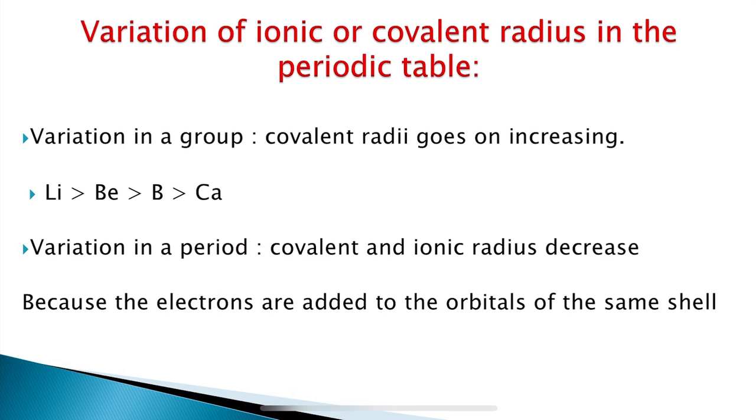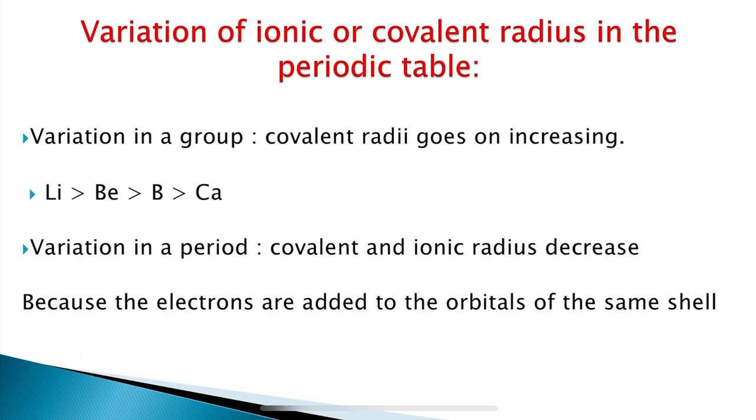Usually the principal shells are K, L, M, N shells, represented as 1, 2, 3, 4 respectively. So, on moving down the group, the principal shells increase, and the distance between the nucleus and outermost electron shell also increases. Cesium is the largest element in the periodic table.